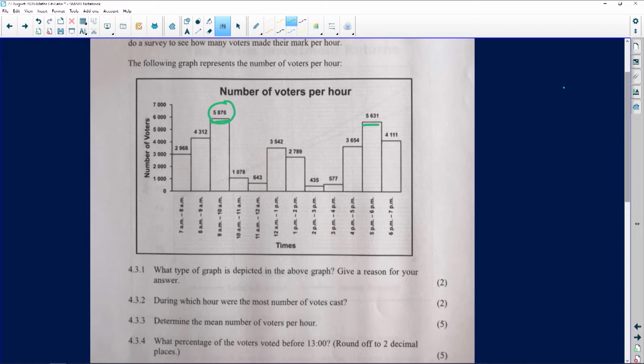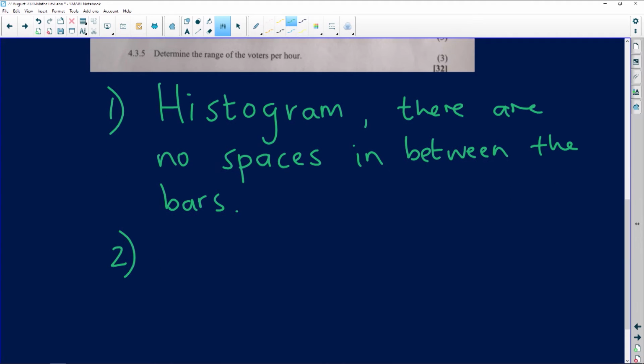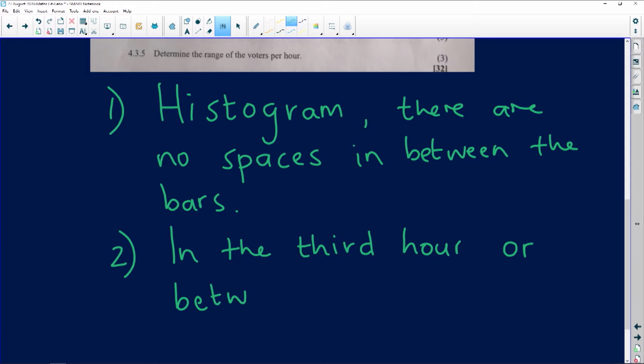So it's in the third hour. So it's 1, 2, 3. In the third hour or between 9 a.m., which is the morning, and 10 a.m. Okay, stunning.